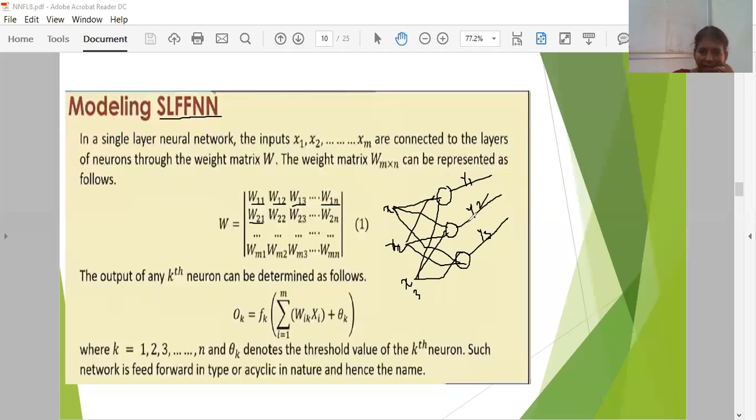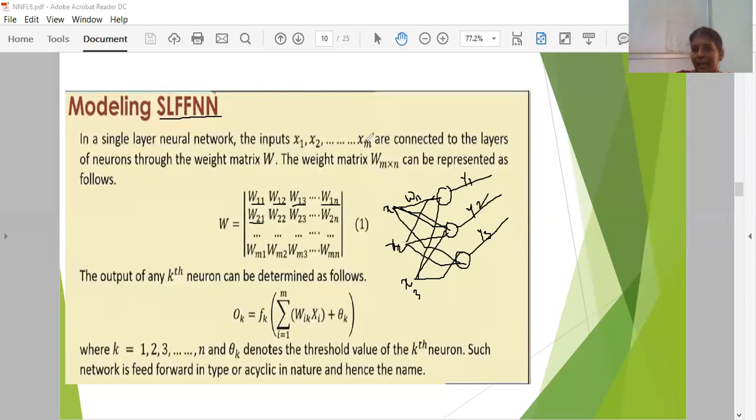Okay, the weights are representing: W11 is the connection between x1 and the first summing point. W12 indicates the link between x1 and the second summing point. W13 is the link between the first input and the third summing point. Like that for all.